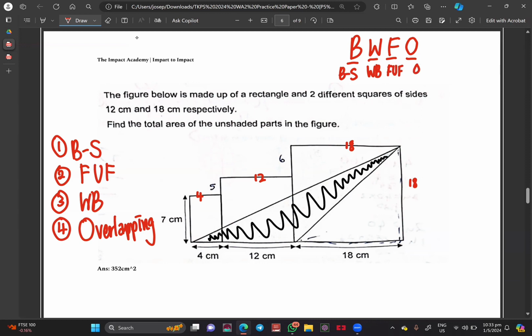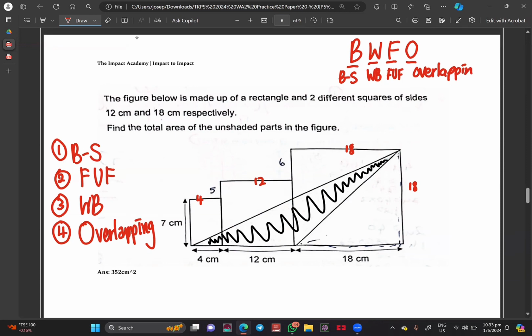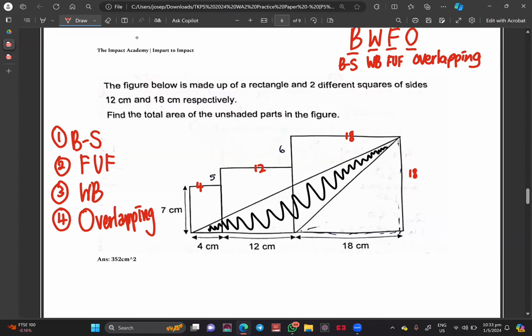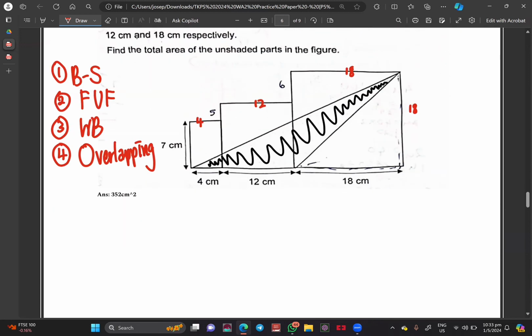What is O? Overlapping. So that's how we use creative, engaging ways to remember concepts. Because if we remember concepts, it helps to trigger our thought process, and helps our mind to think of a concept or a method in the right way.